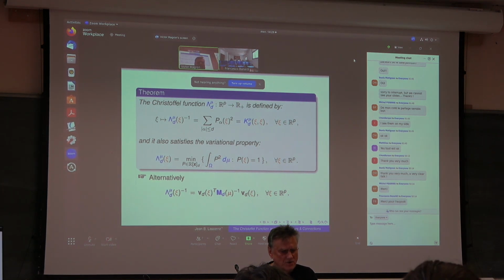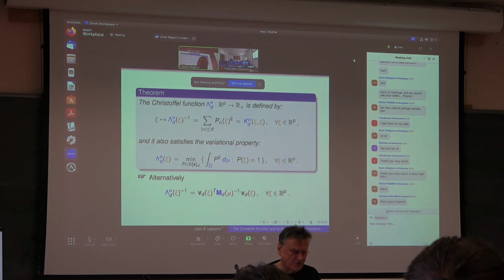Okay. So you can evaluate at a point psi the Christoffel function by minimizing, you solve a quadratic convex optimization problem, where the idea is you want to find the polynomial of degree d that minimizes the L2 norm of p, so you want to minimize the integral of p squared d mu, and you have the constraint that at the point psi in R^p, you want this polynomial to be equal to 1.